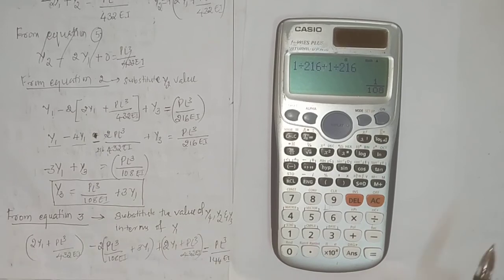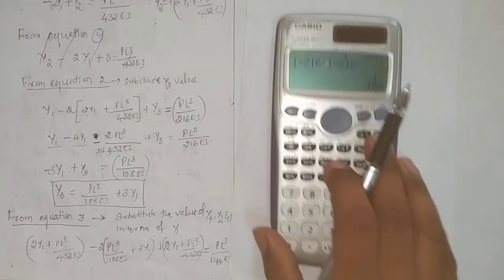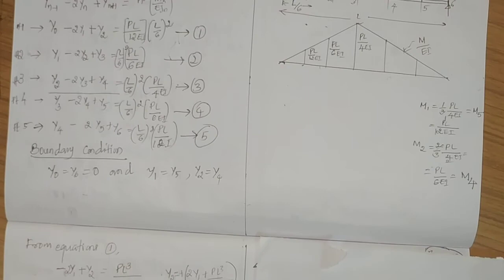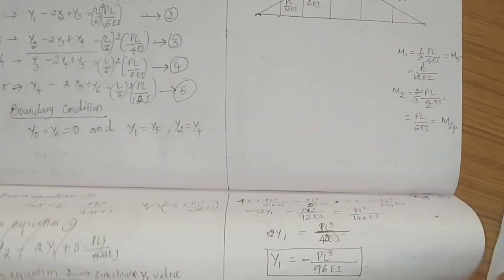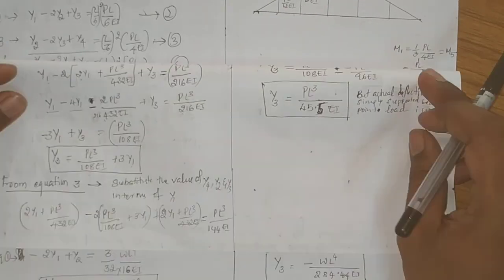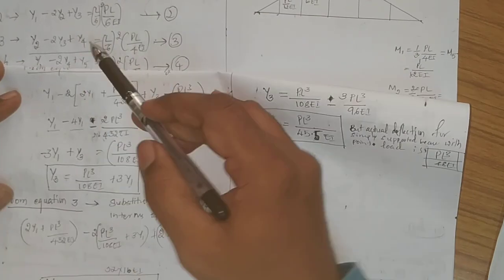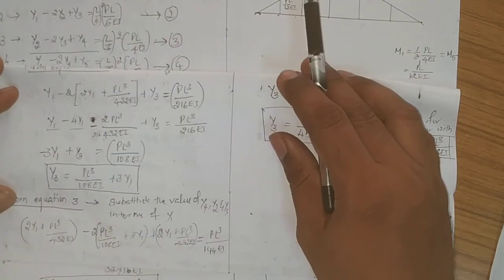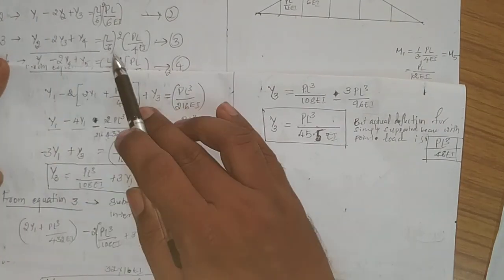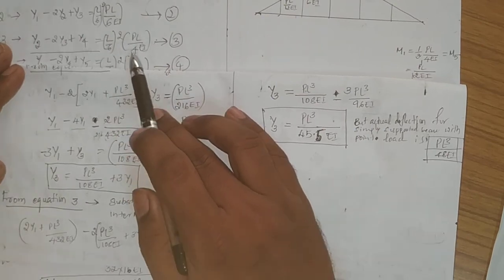Next, now consider equation number 3. What is equation number 3? Equation number 3 is y2 minus 2y3 plus y4 is equal to L by 6 the whole square into PL by 4EI.